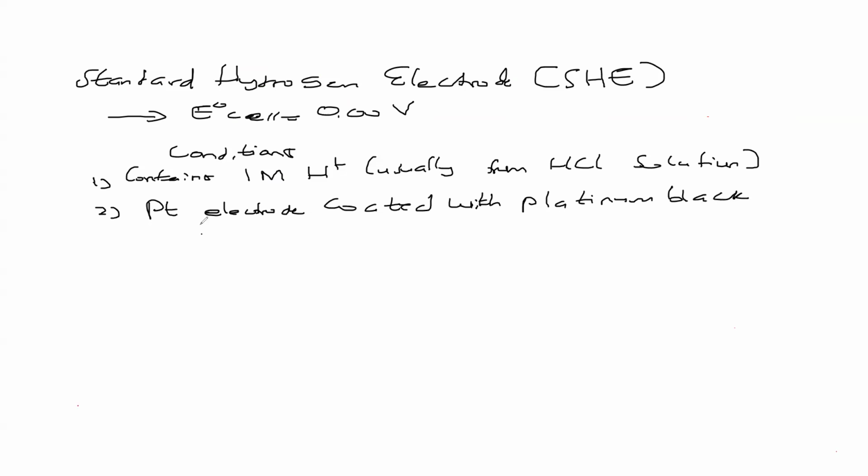Why platinum? Because platinum is inert, does not participate in chemical reactions, and conducts electrons easily. So platinum is inert, does not participate in chemical reactions. It means it has reached its octet state, and it conducts electricity or electrons easily.